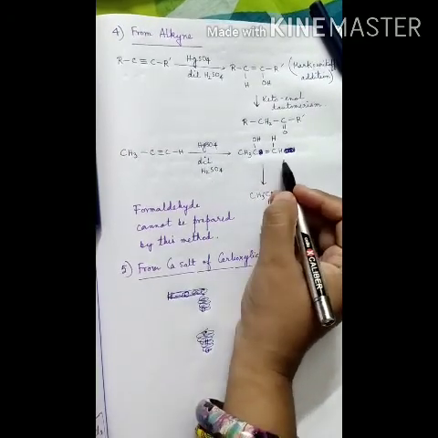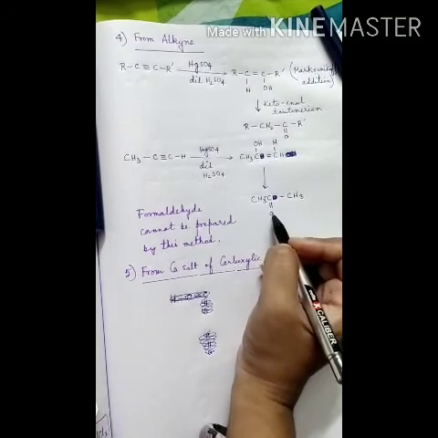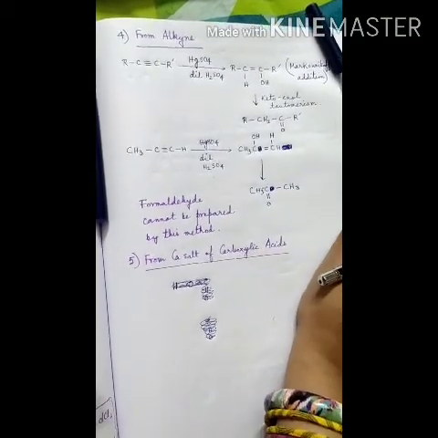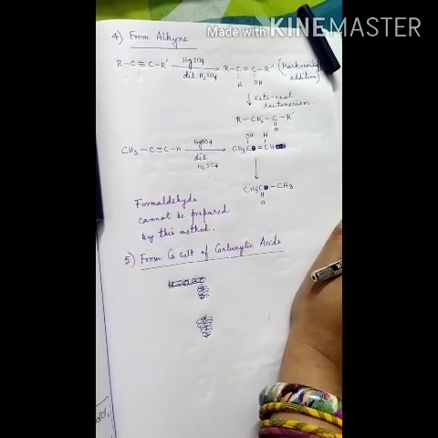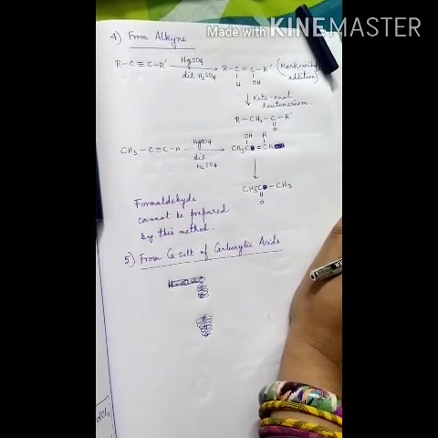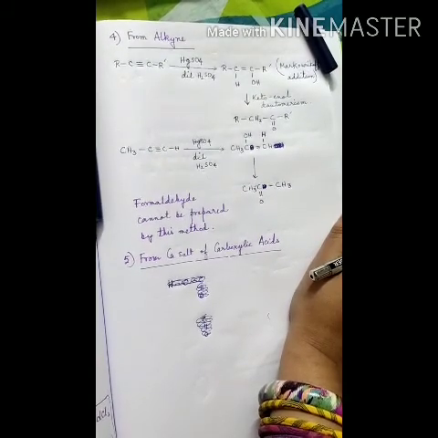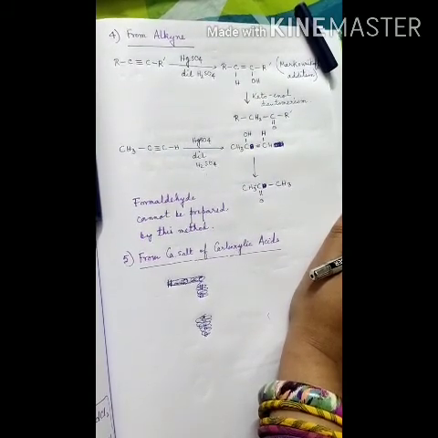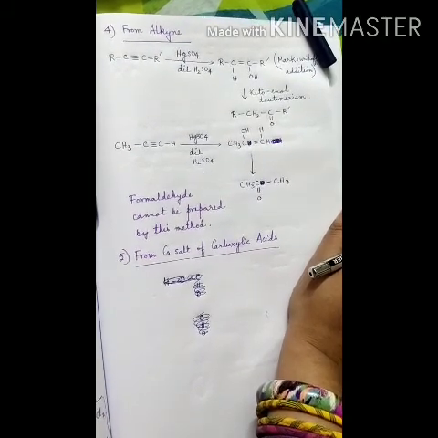One water molecule is getting added according to Markovnikov's rule, which on rearrangement gives us the acetone. Same thing, we will get acetaldehyde when we treat ethyne, actually acetylene, with dilute H2SO4 and HgSO4, but by this method formaldehyde cannot be prepared.